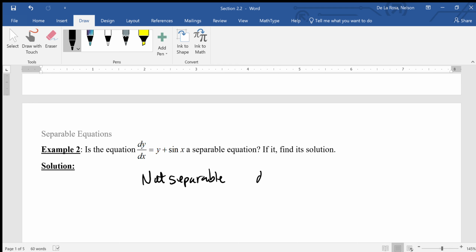For example, if in our attempt to separate variables we rewrite it like this, there is no way that we can separate the x's and the y's. So it's not separable, so it cannot be solved using the separable equation method.